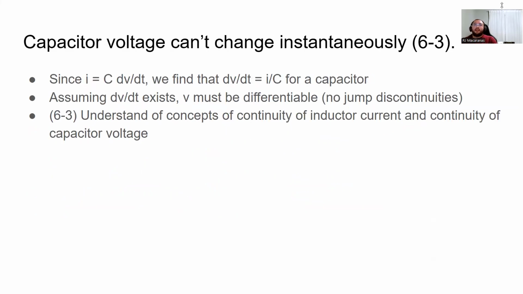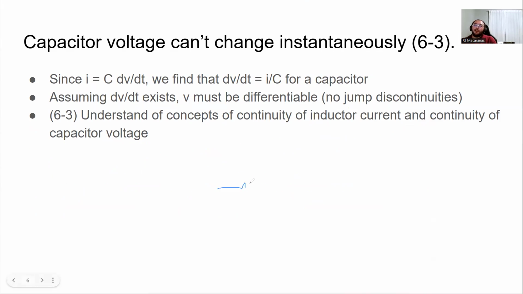So here's one thing that might have been glossed over in 151, I think, a little bit: capacitor voltage can't change instantaneously. We had looked a lot at the capacitor charging circuit in the past, where you have just a resistor and a capacitor, and you suddenly excite it with some DC voltage source, and we watched what happened to the capacitor voltage over time, right?